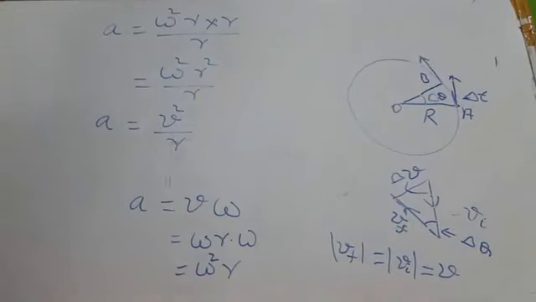That will be the magnitude of the acceleration, and it will be toward the center of the circle. That was the graphical method. We will use the calculus method as well to calculate the acceleration and velocity, and we will find out the exact angle, what the direction of acceleration will be, and what the direction of velocity will be.